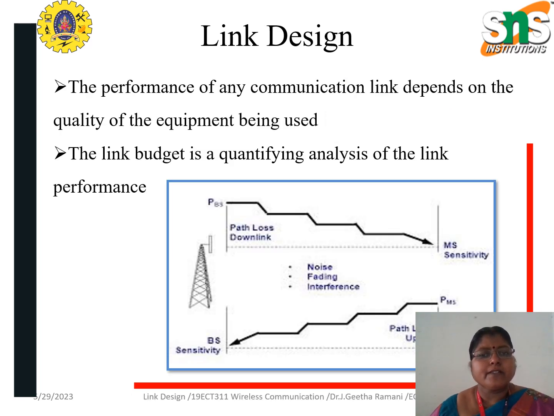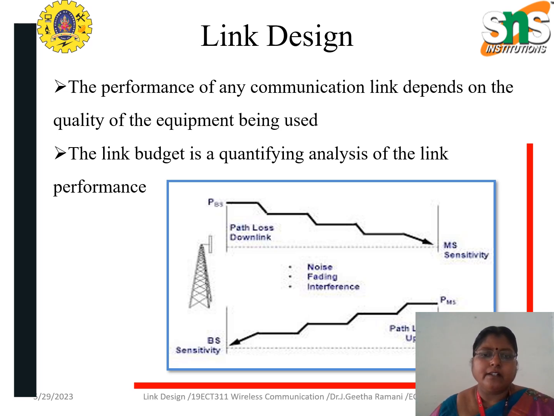So the performance of any communication link depends on the quality of the equipment that is being used for the communication system. So the link budget is quantifying the analysis of link performance. There might be different kinds of losses like noise, fading effects and interference.